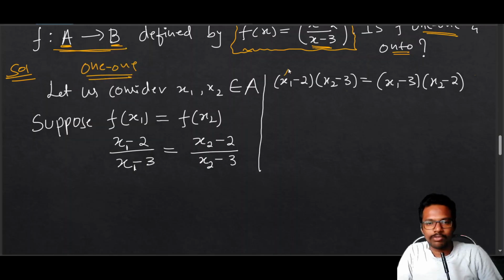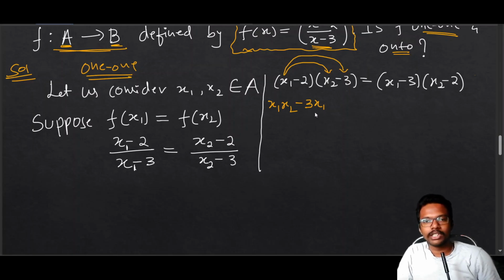This x1 is multiplied with x2, so it becomes x1 into x2. This x1 is multiplied with minus 3, so it becomes minus 3x1. Now this x1 part is complete.